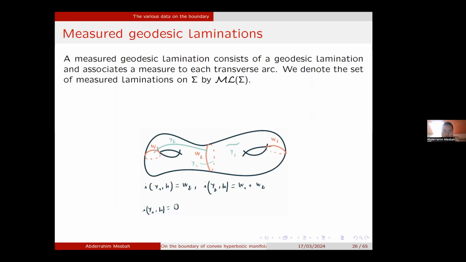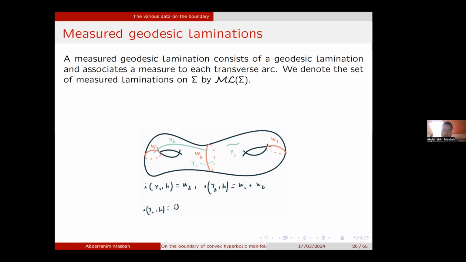And we define a measured geodesic lamination to be a geodesic lamination together with a transverse measure on each arc which is transverse to this geodesic lamination.